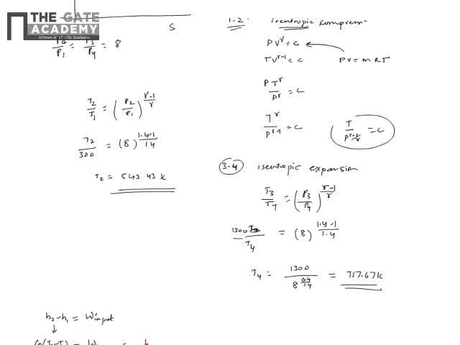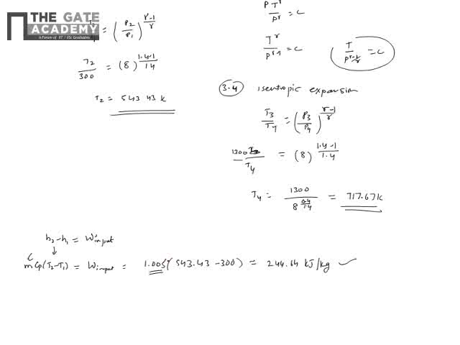Cp is 1.005 for air, T2 we already got as 543.43, minus 300, the compressor inlet temperature. This value comes out to be 244.64. Remember we are doing this for one unit mass, so it's kilojoules per kg, because 1.005 is in kilojoules.